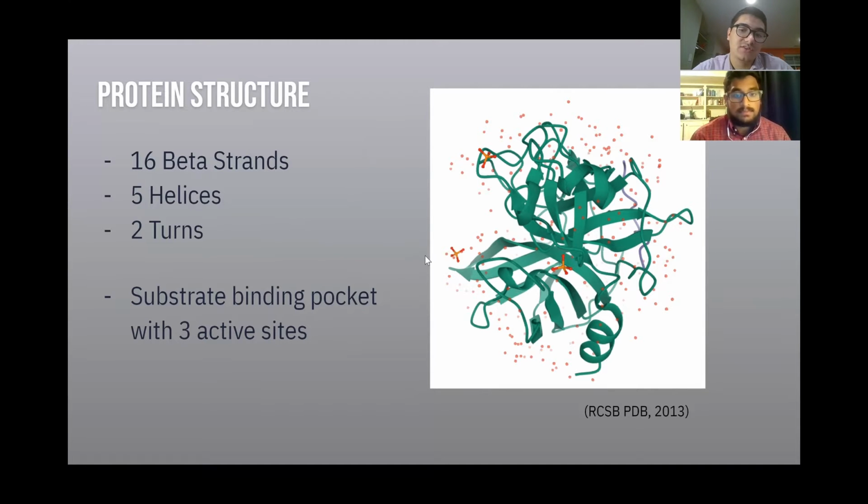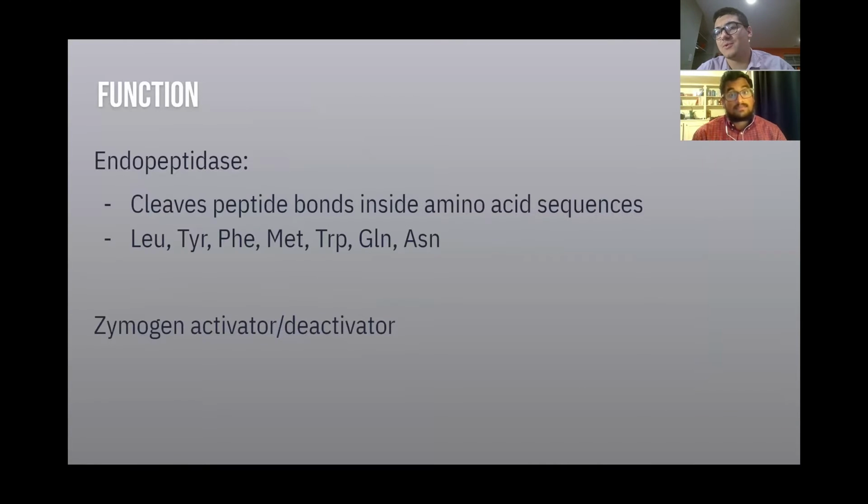But the most important thing is that it has a substrate binding pocket that has 3 active sites. That is where the polypeptide sequence comes in, and that's where it's going to bind and make all the changes there. Next, Bennett, do you want to talk about the function?